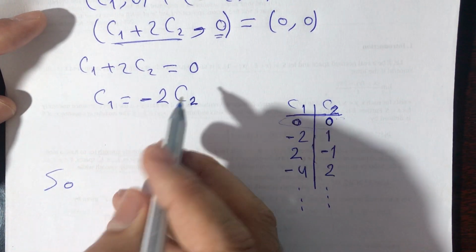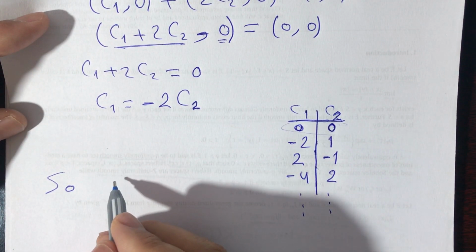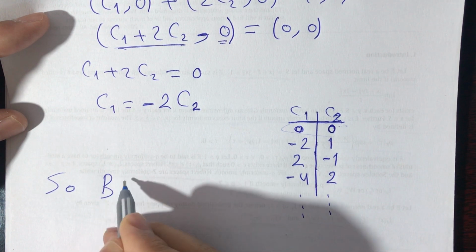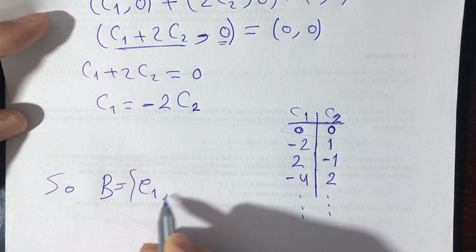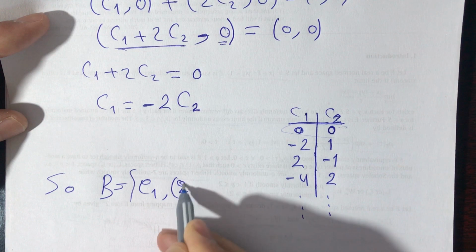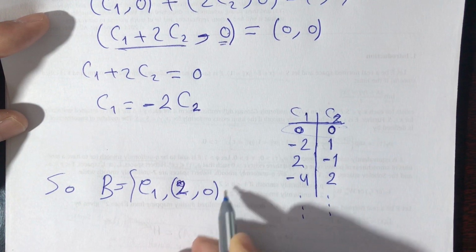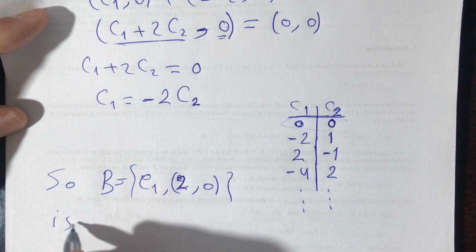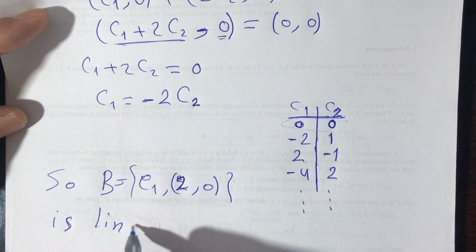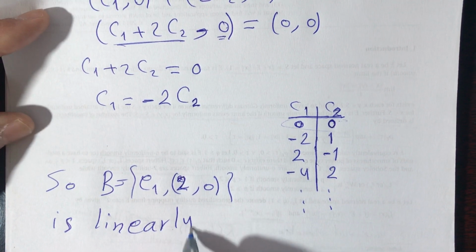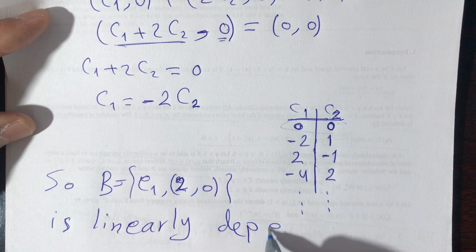So B equal to E1, 2, 0 is linearly dependent.